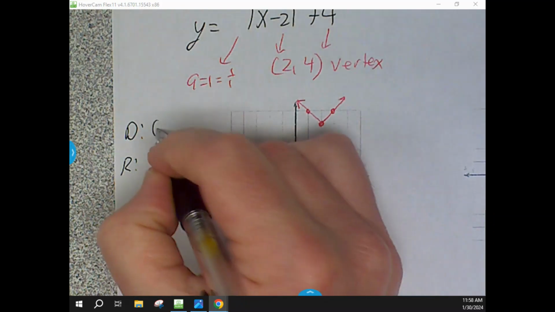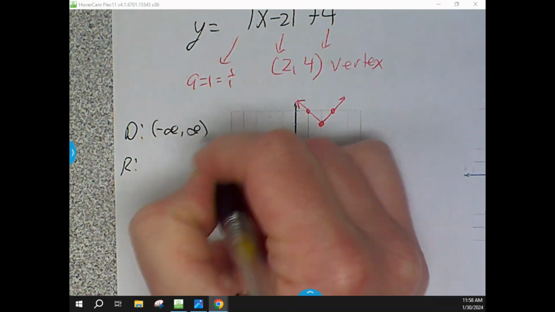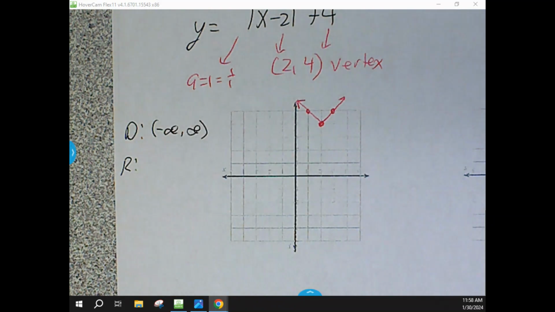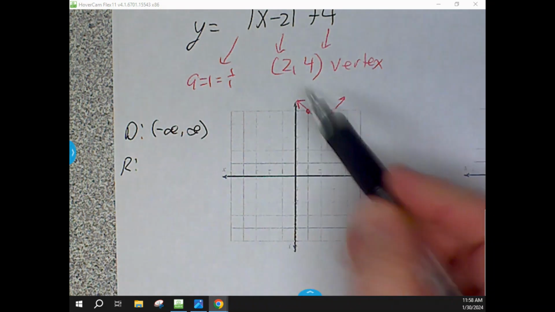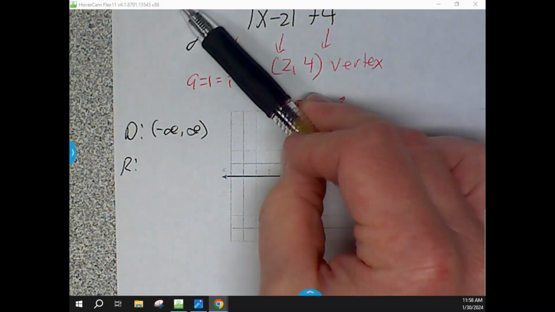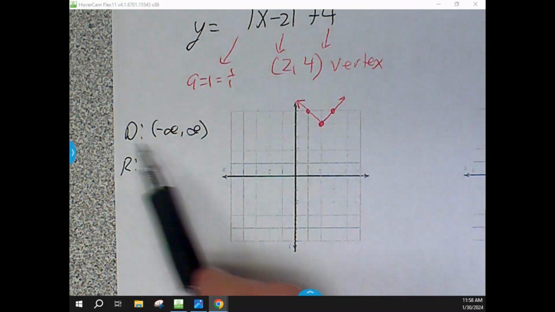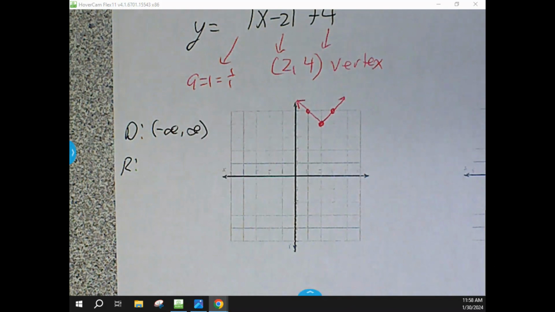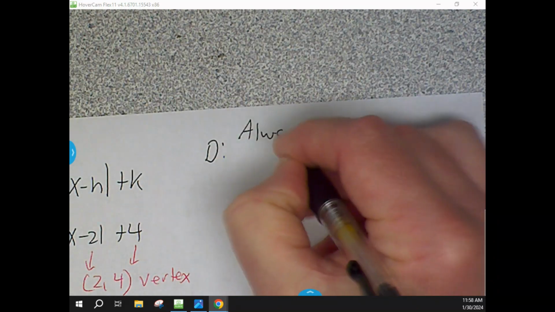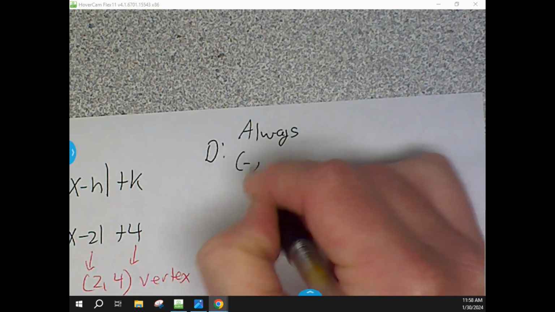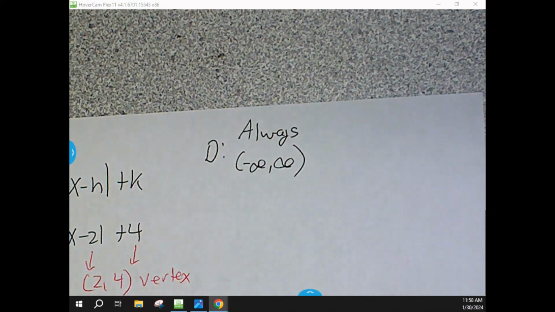So the good news on this one is if they ever ask you for domain, it's always negative infinity to infinity because it's always going to be a V shape. So it's always going to go forever to the left and always forever to the right. So this part never changes. So up here at the top, you can put that domain is always negative infinity to infinity.